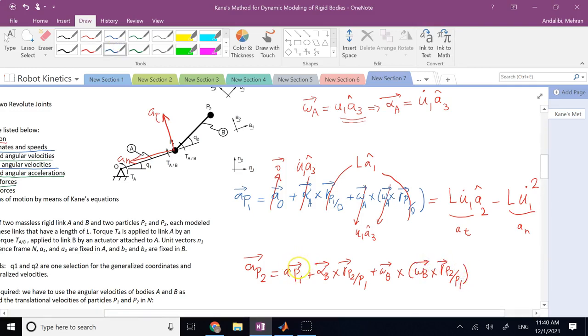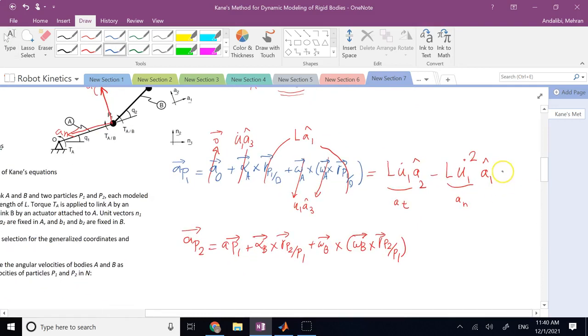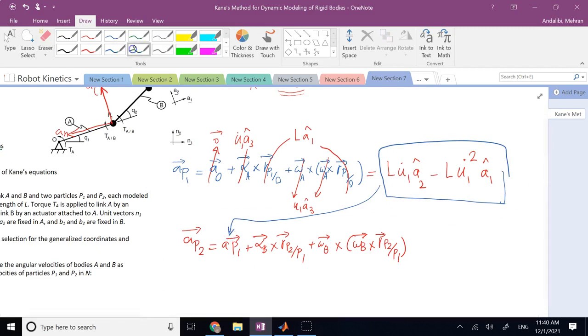And again, A of P1, you directly have it, so you can just go ahead and bring this guy down, right? That's directly given to me.